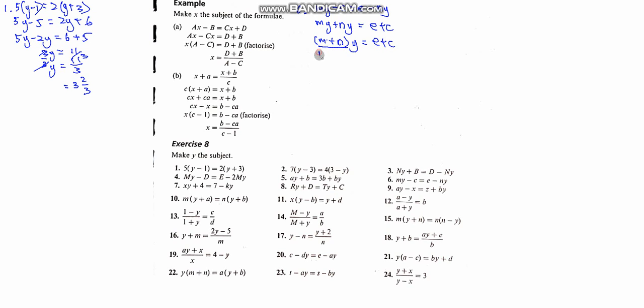So what you do is you purposely divide by m plus n. The same thing: whatever you do on the left, you do on the right. Now this cancels off. So left with y equal to e plus c over m plus n. That's for number 6.